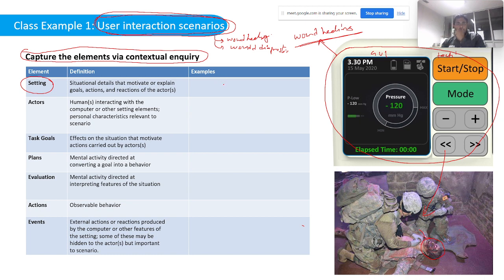So what do you think the setting is, how do you define the setting? Okay, so if I say setting, it is a war scenario. You try to define the scenario: it is outside, like in a war zone, with no medical support.